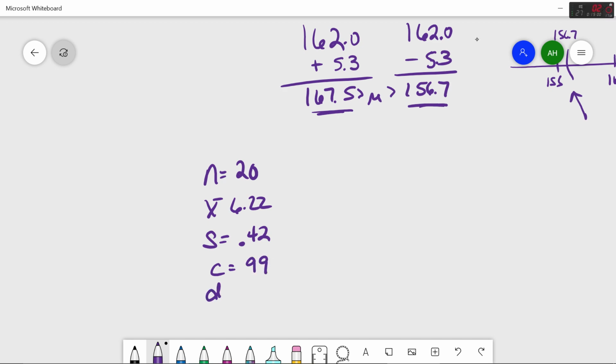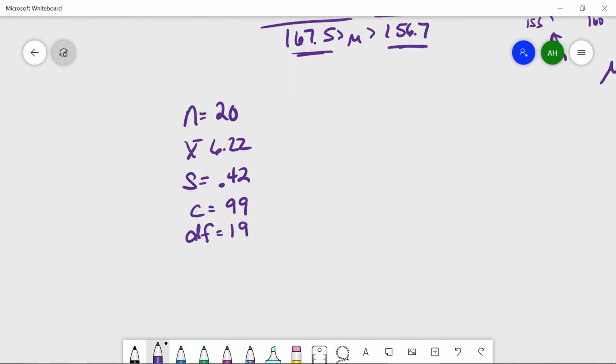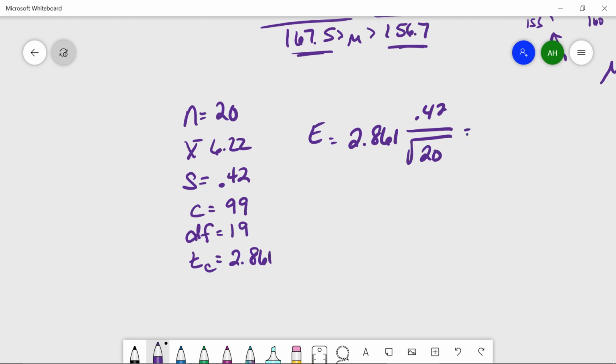I can figure out that my degrees of freedom are going to be 19. If I look in the back of the book, I'm going to get that my critical value for t is 2.861. Now I'm just going to have to calculate my E, which is going to equal that 2.861 times the s, 0.42, over the square root of n, which is 20. So I'm going to get over here 0.27.